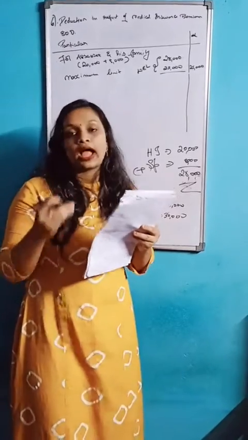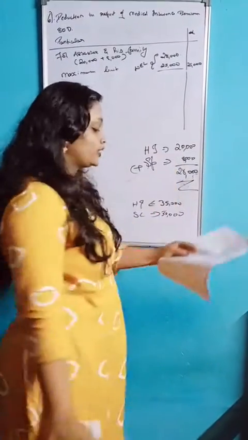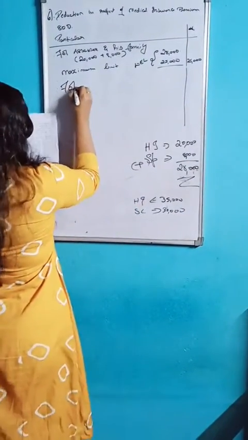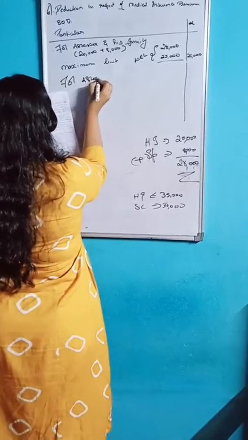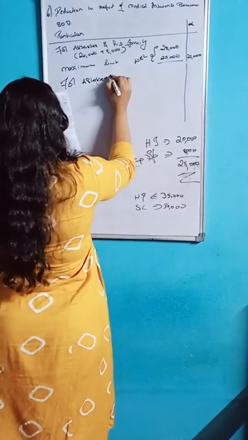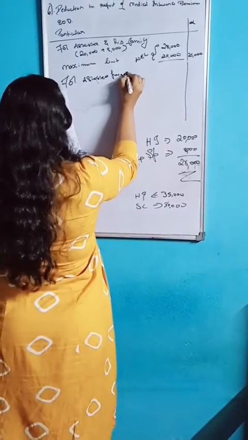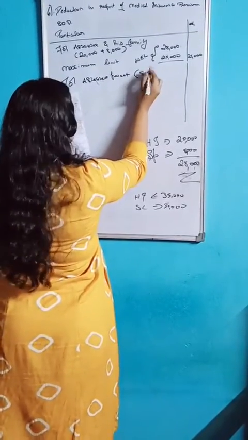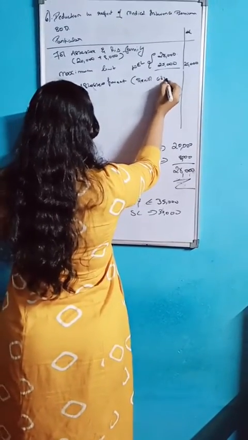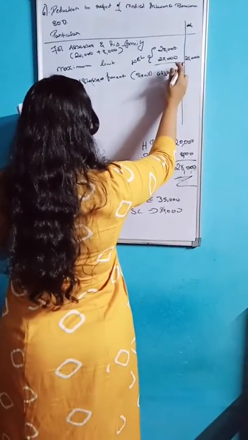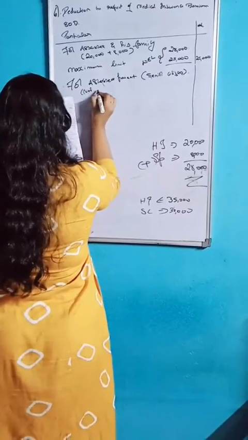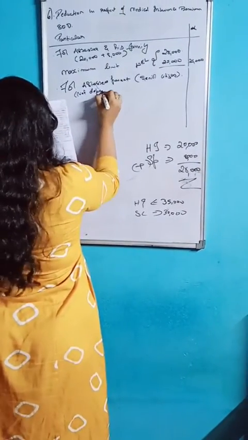So compute, then we have to see how to do the problem. So for assessee, parent, that is a senior citizen, not dependent.